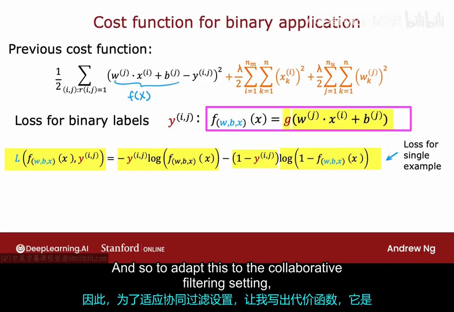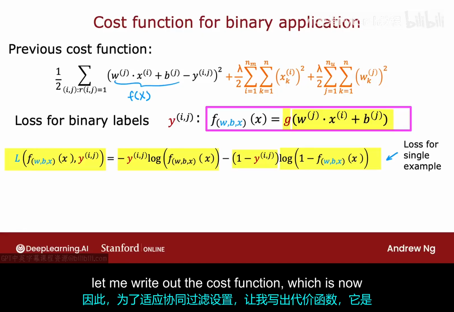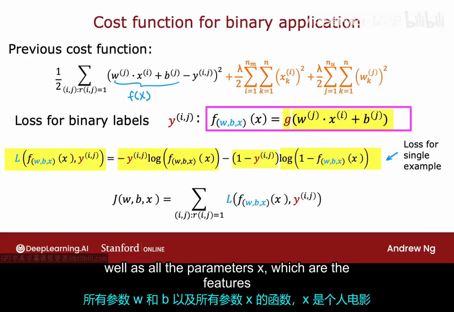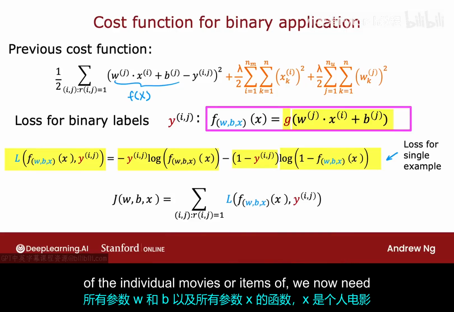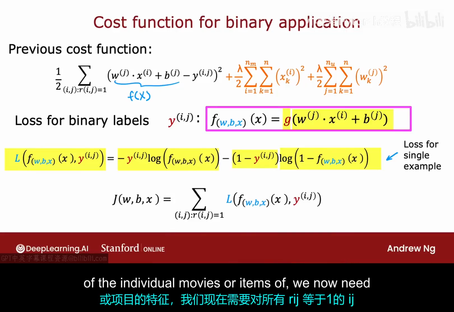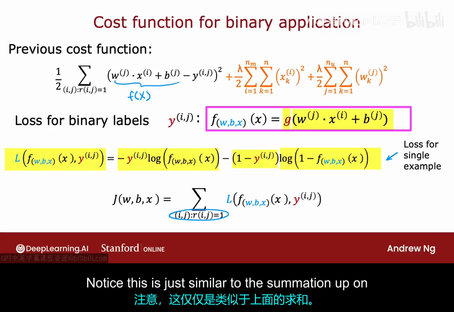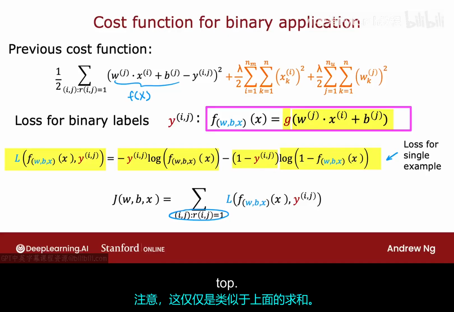And so, to adapt this to the collaborative filtering setting, let me write out the cost function, which is now a function of all the parameters w and b, as well as all the parameters x, which are the features of the individual movies or items. We now need to sum over all the pairs, ij, where rij is equal to 1. Notice this is just similar to the summation up on top.